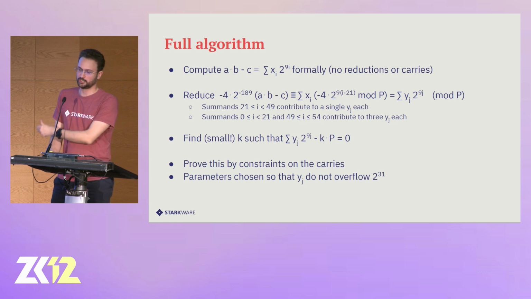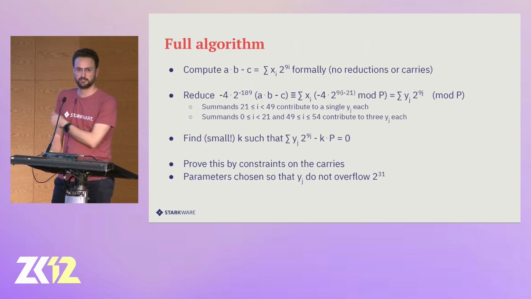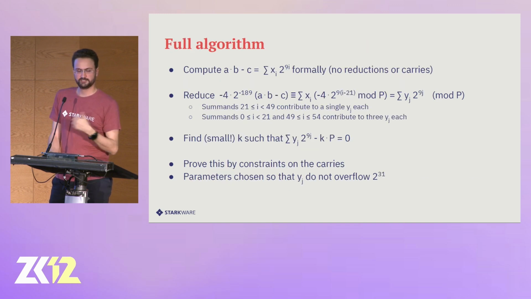And for i's which are less than 21, we get that these are negative powers which fit into this formula with minus 9c. And for i's which are greater than 49, we get that these are positive powers, but exactly in the range that fits into this 252 plus 9b without overflowing. And each one of these things in this range will match with 3 of these yj's that we have.